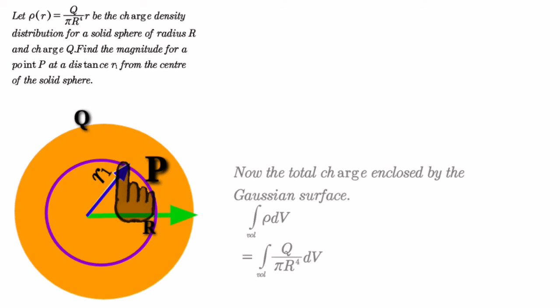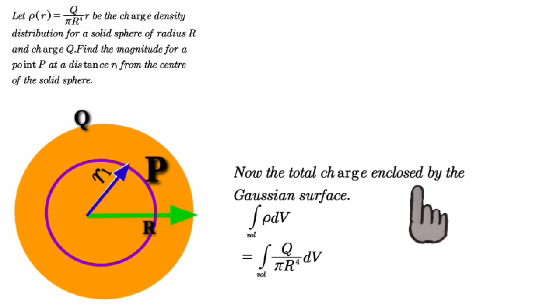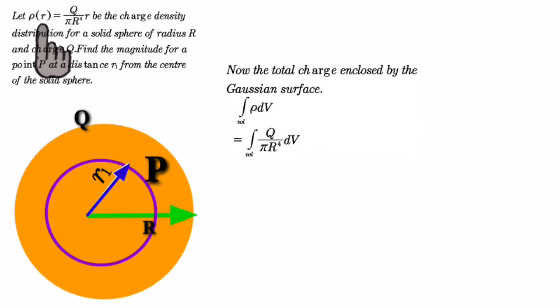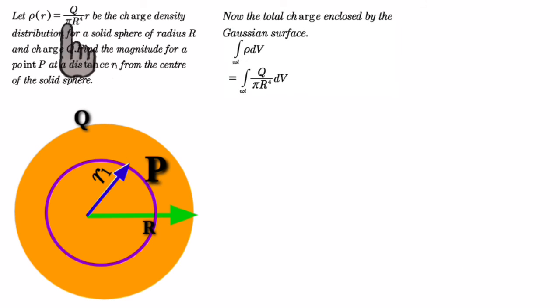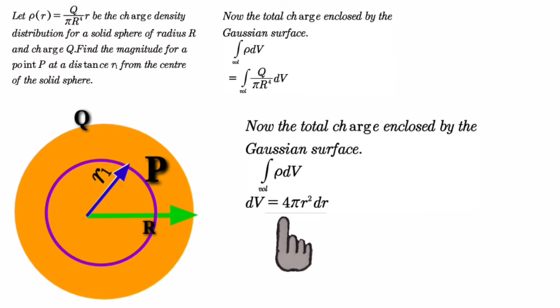Therefore, total charge enclosed by the Gaussian surface is equal to volume integration rho into dV. Here we use the calculus method because the charge density given in this question is a variable. Here dV is equal to 4 pi r square into dr.